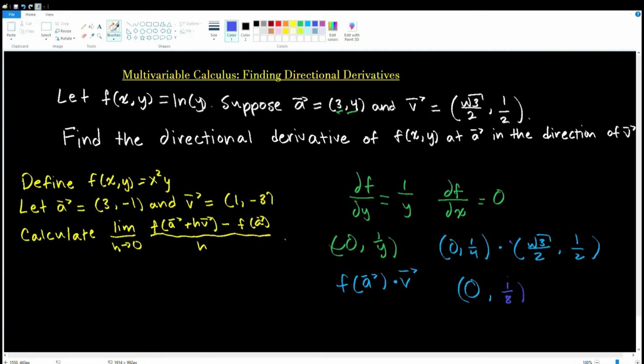If you add them up together, 0 plus 1 over 8 equals 1 over 8, and that is the directional derivative, right? So this one was a fairly simple problem. You just have to find the gradient at a, and then multiply it times this vector.